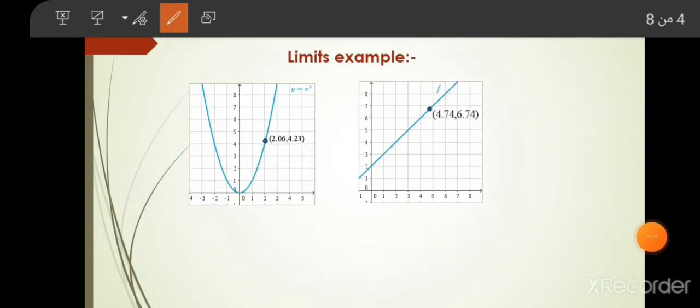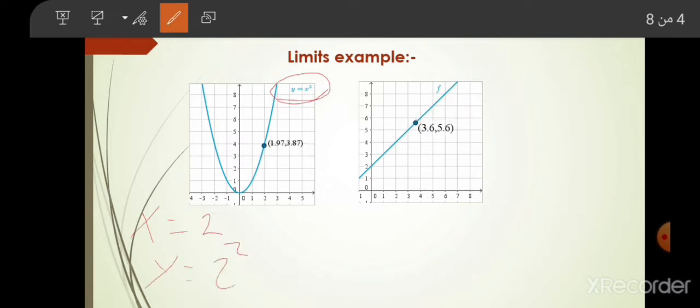Here we have more examples. We're going to solve this equation. I'm going to make the x value equal to 2. So y equals 2 to the power of 2, which equals 4. So the limit here is 4. Let's make it now on the graph.